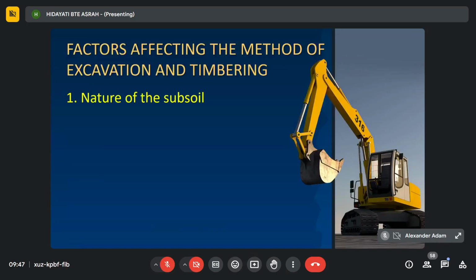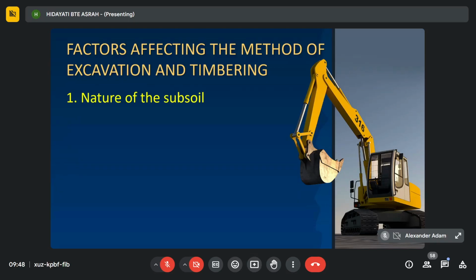So before you select types of timbering, you need to know the types of soil you encountered in your site project, whether it is sand, clay, or a combination of sand with peat, and so on. So this is to determine what tools required and amount of timbering needed. So you have to know.